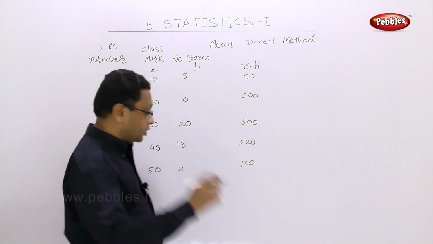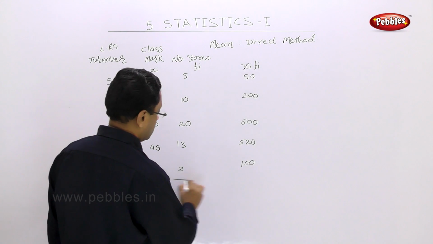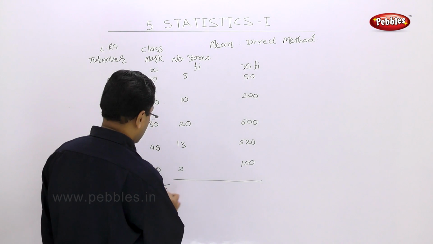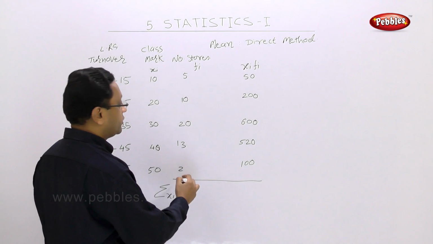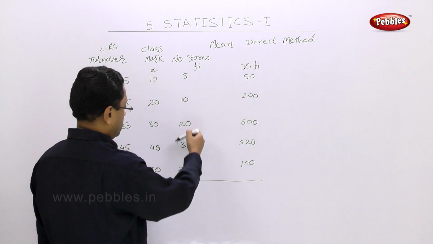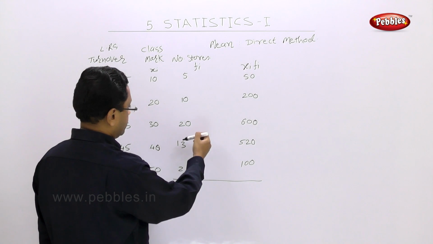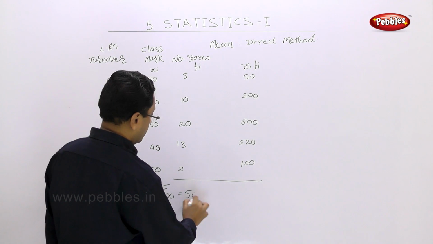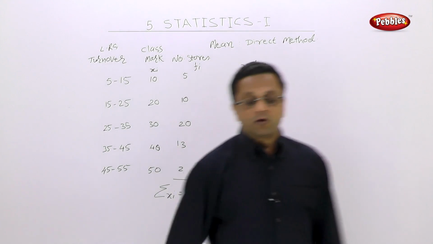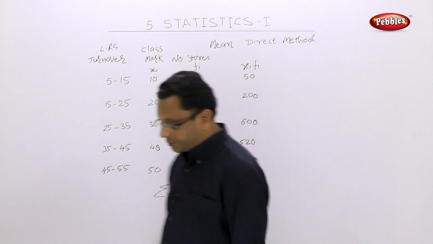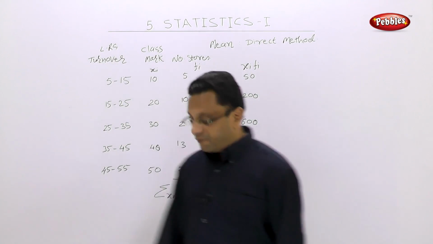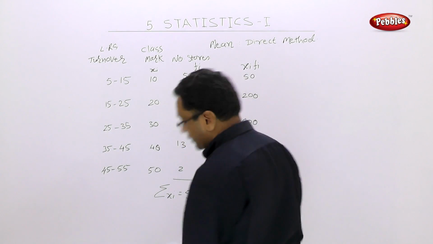This sum is denoted by sigma. I'll say sigma fi is equal to the addition of these terms, that is 50. So my sigma fi is 50 and sigma fi xi is 1470.